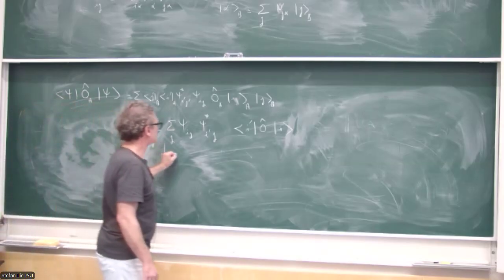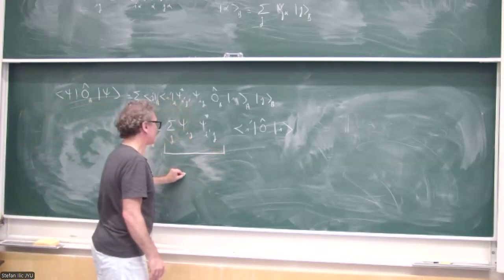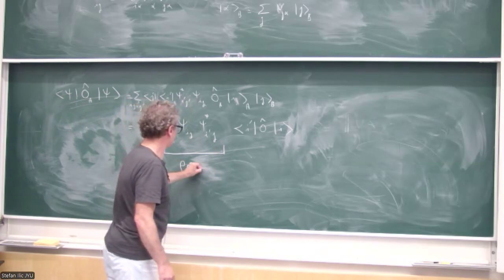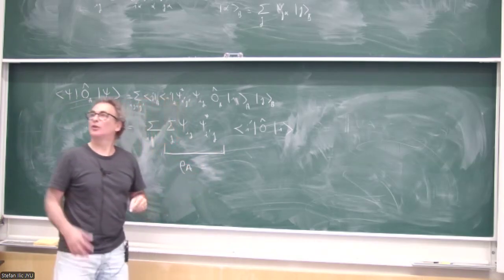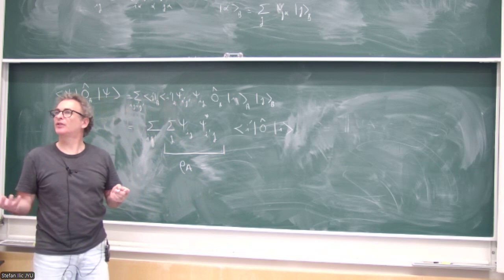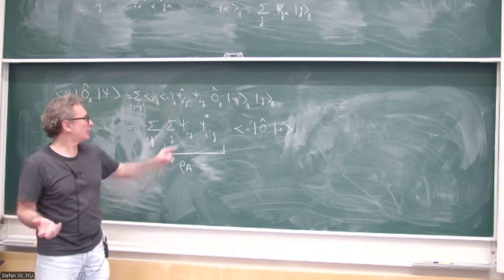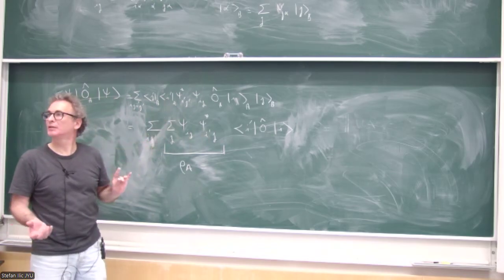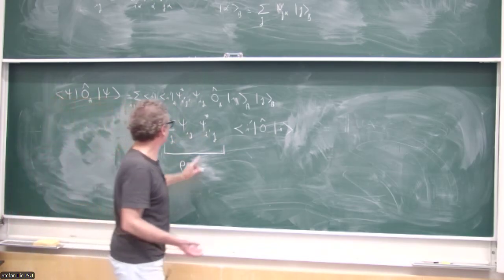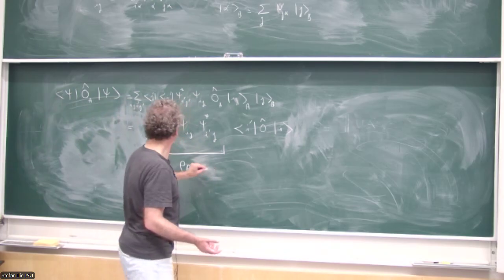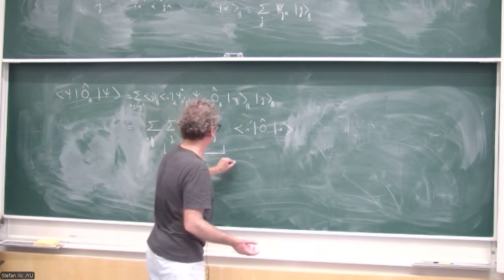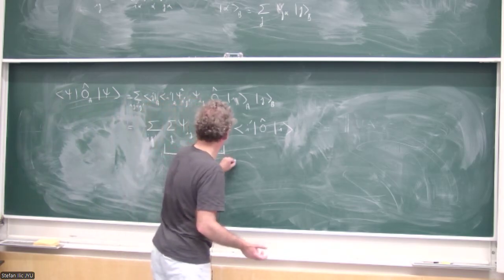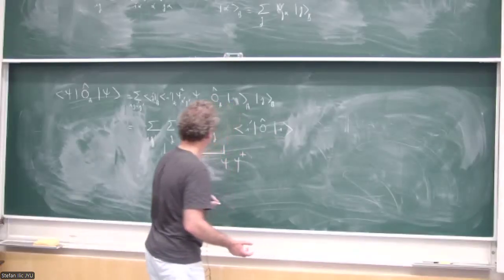So this object, we call it rho A, and it's the reduced density matrix for system A. Because whatever the observable, you don't need to know anything about B. The only thing you need is this object, which I can write as psi psi dagger.